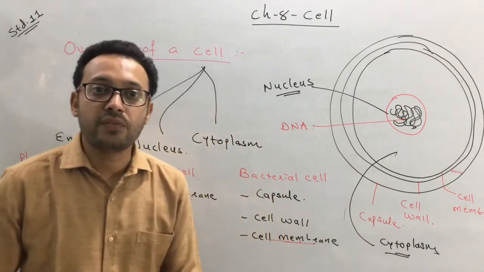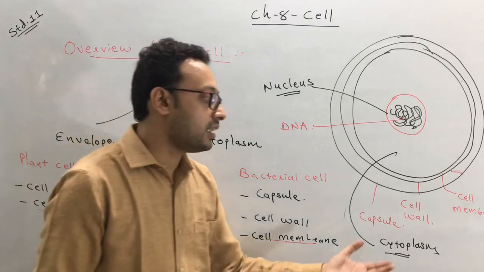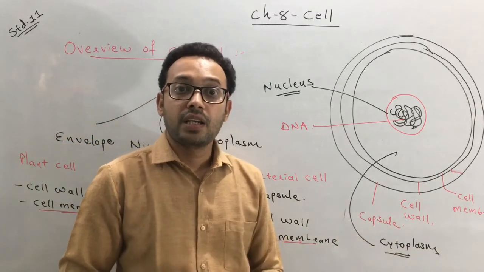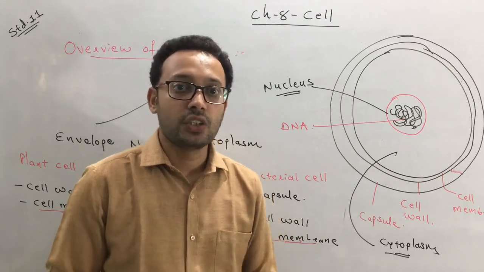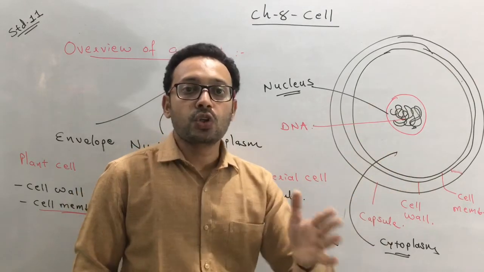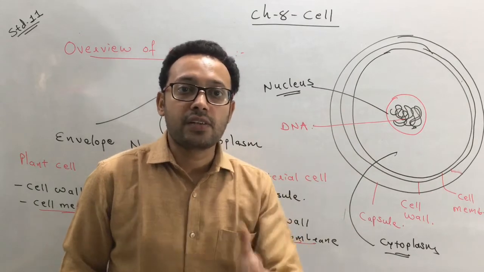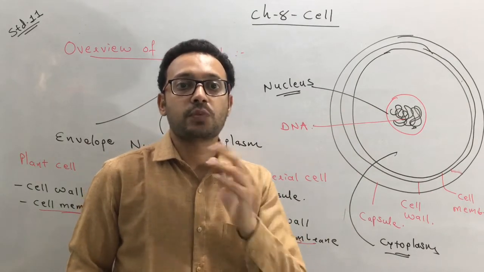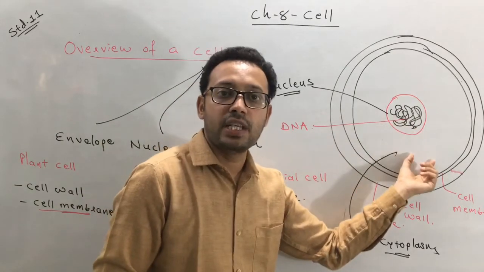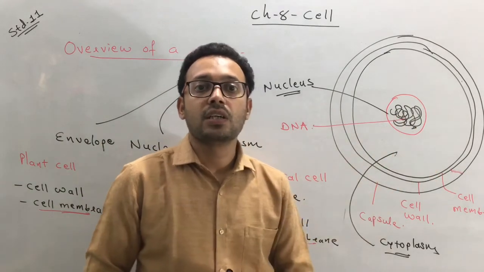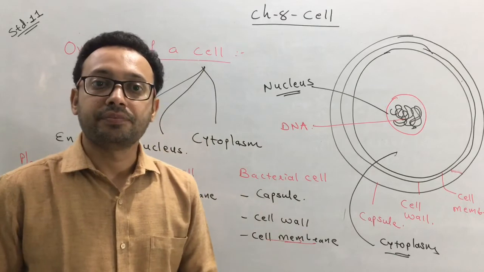So the fluid which is present in the cell is called the cytoplasm. It is a jelly-like structure where most of the biochemical reactions of the cell take place. The biochemical reactions and metabolic activities take place within the cytoplasm.